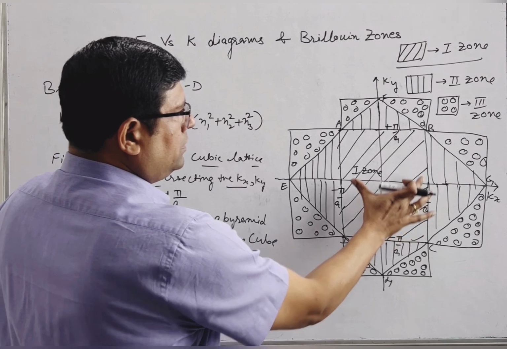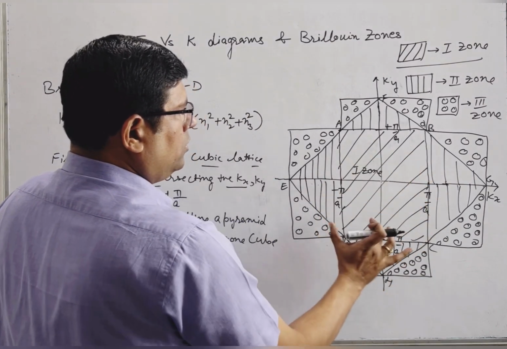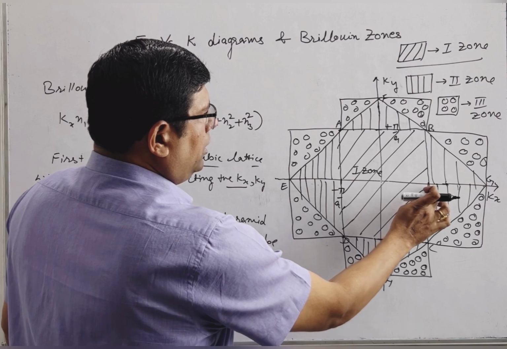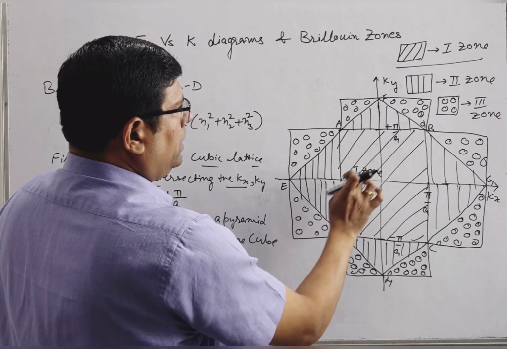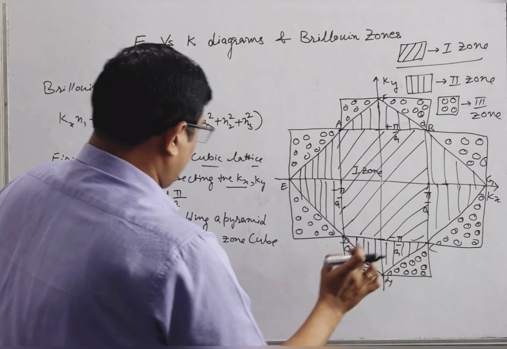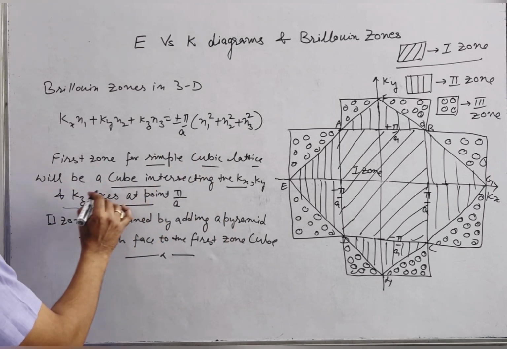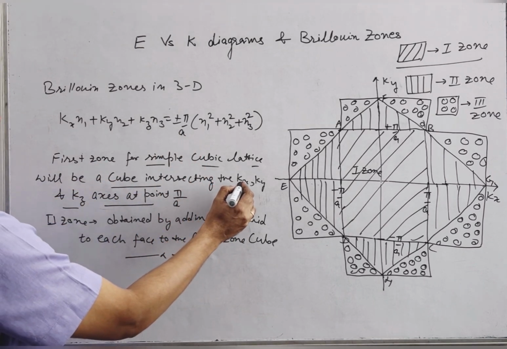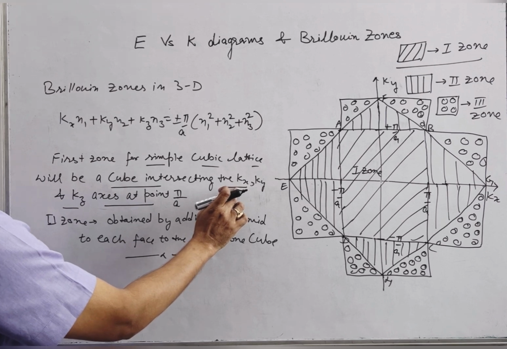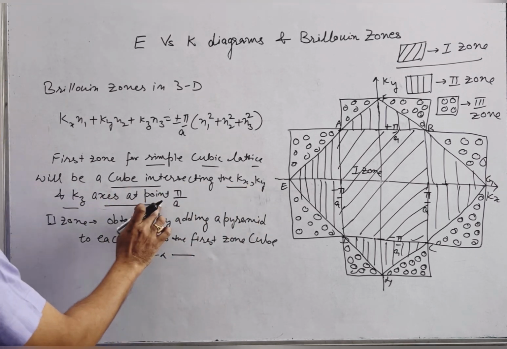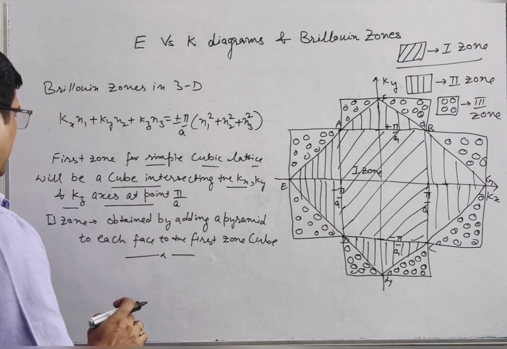Like in this, it was a square intersecting at pi by a, minus pi by a. So in this also there will be a cube, and the points of intersection with the kx, ky, and kz axes will be at pi by a.